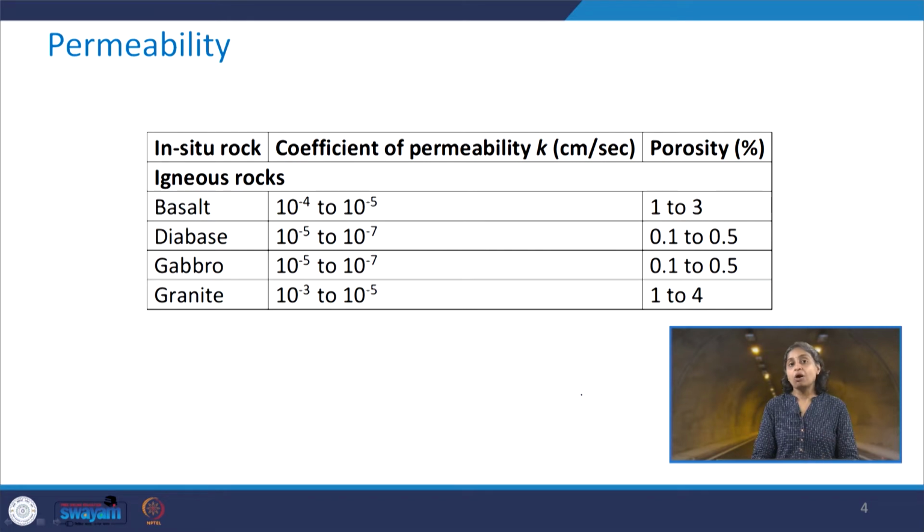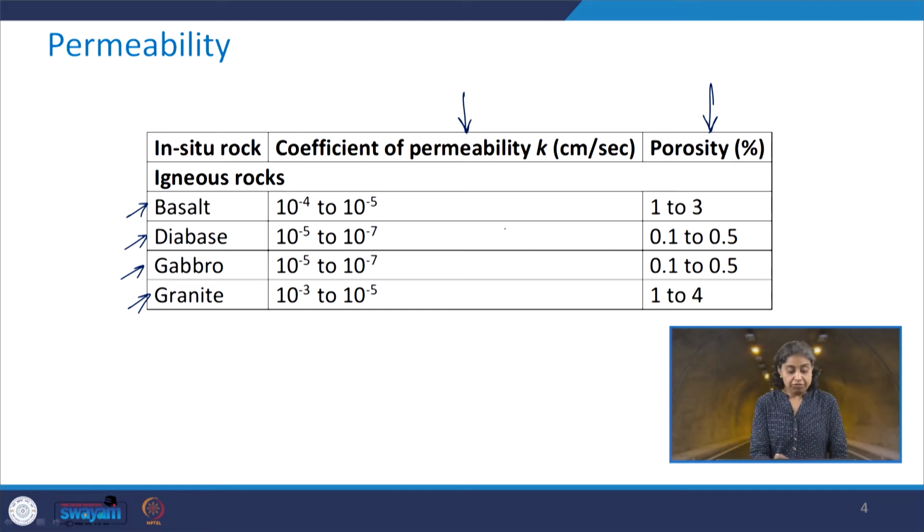Coming to some of the basic rocks and their coefficient of permeability along with their porosity. Here is the table which deals with some typical igneous rocks such as basalt, diabase, gabbro and granite. The second column gives you the idea about the coefficient of permeability in centimeter per second, and the third column provides the range of the porosity in percentage.